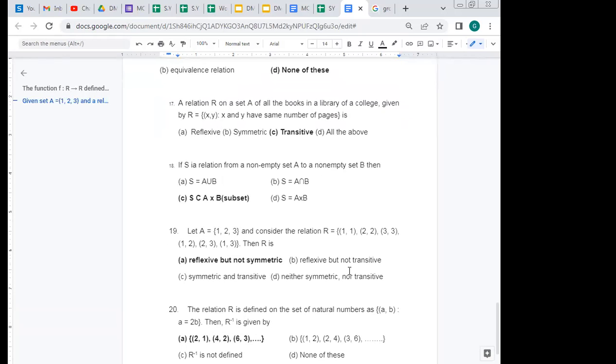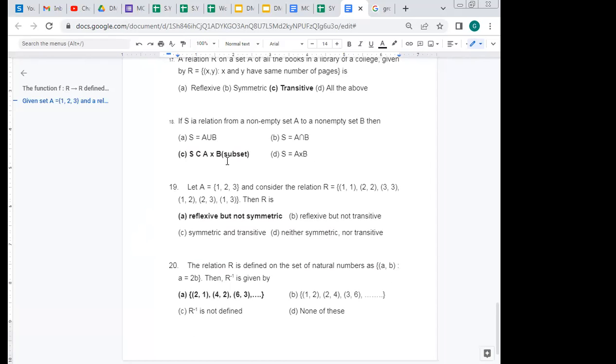Next question is, if S is a relation from a non-empty set A to a non-empty set B, then what is the correct one? This is the correct one: S is a subset of A cross B, that we know from the definition of relation. Then the next question is, let A equal to {1, 2, 3} and consider relation R equal to {(1,1),(2,2),(3,3),(1,2),(2,3),(1,3)}. Then R is reflexive but not symmetric.